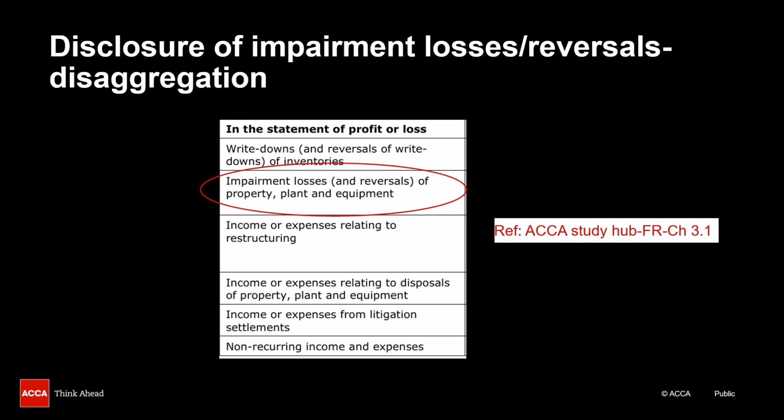This is either because they have dissimilar characteristics to other items or because the resulting information is material. One of these items is impairment losses and reversals of PPE. In an exam, you may be required to disaggregate impairment losses and reversals of PPE from other expenses. If this is the case, it will be made clear in the question.